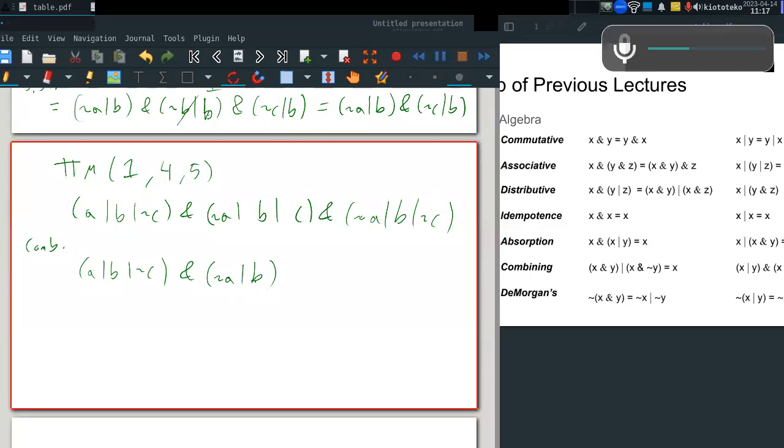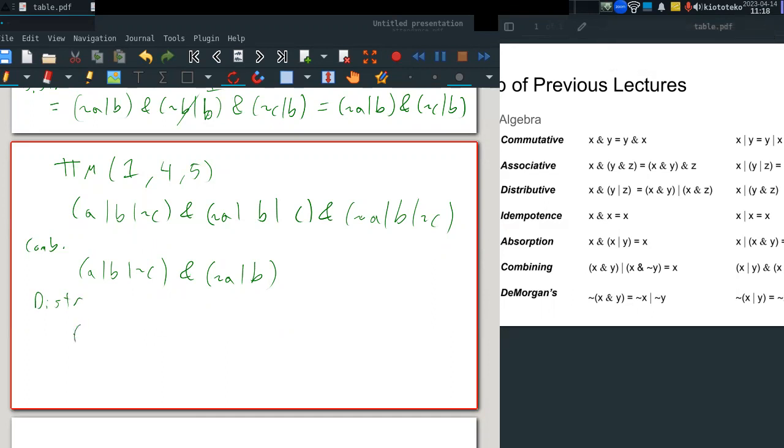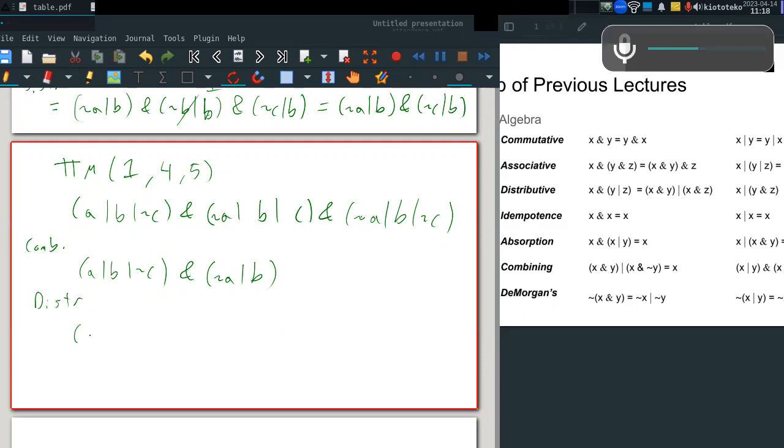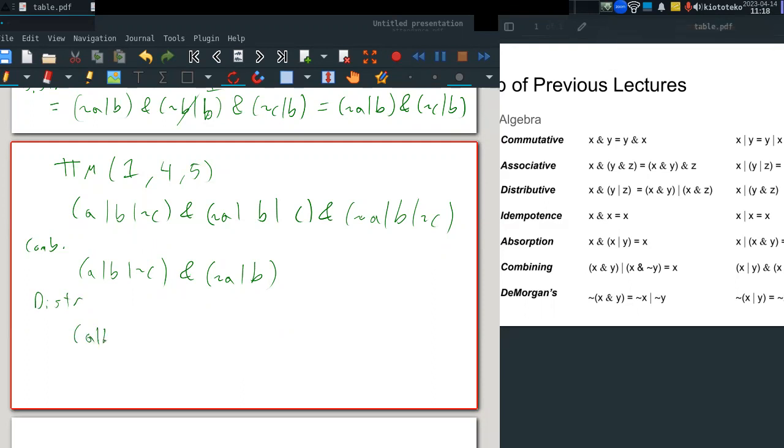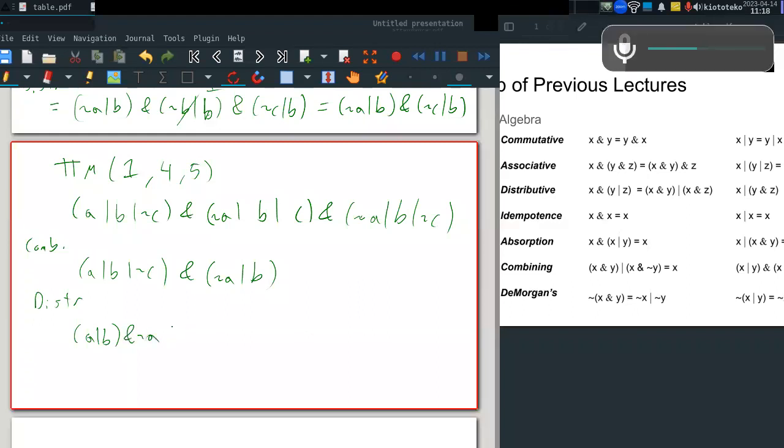And then what else can we do? So we can distribute, maybe, let's see. I can see that we are distributing, yeah. No, or should we do this? Yeah. Let's see, it will be A and B and not A, or what was I doing?